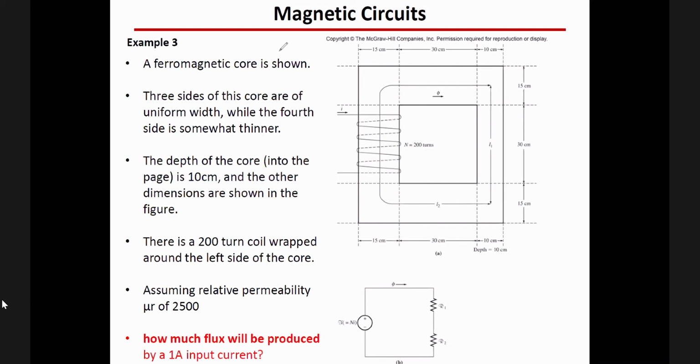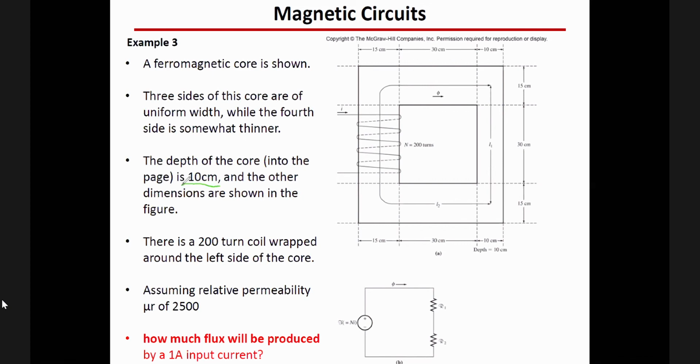Three sides of this core are of uniform width, while the fourth side is somewhat thinner. So this side, this side and this side all have the same uniform width, but this side, and you can see it clearly, has a different cross-sectional area.